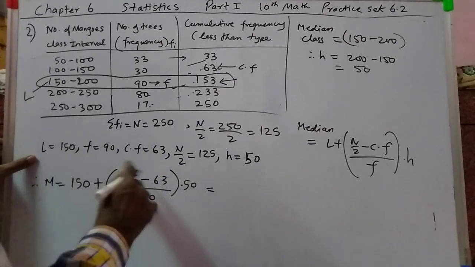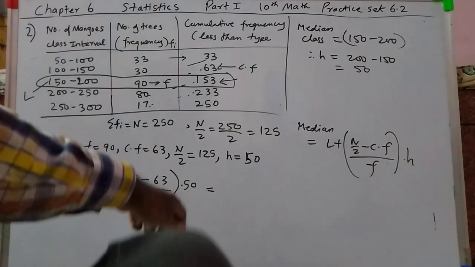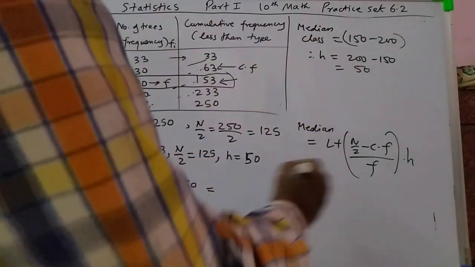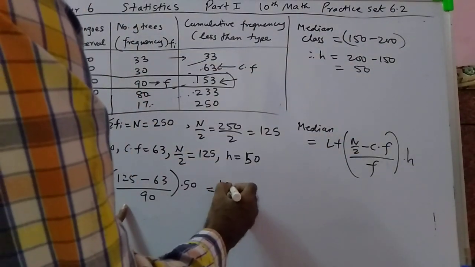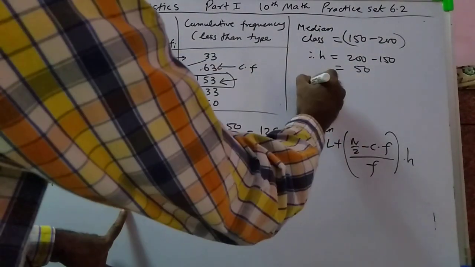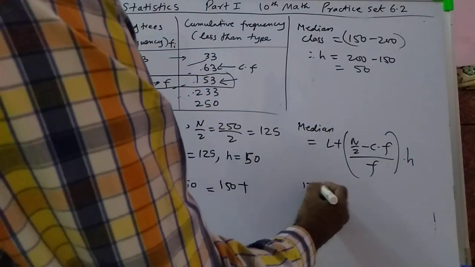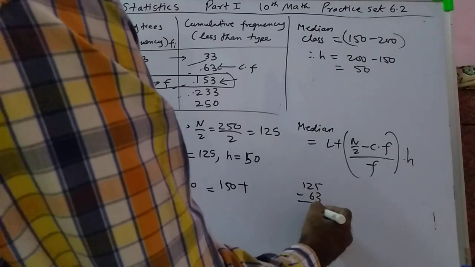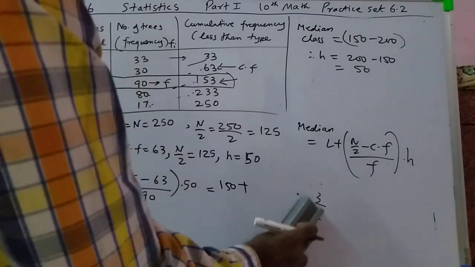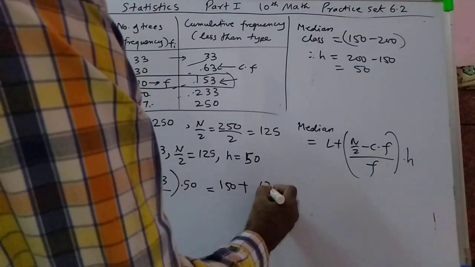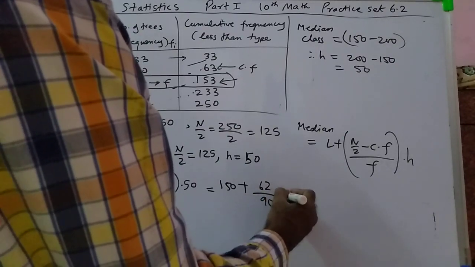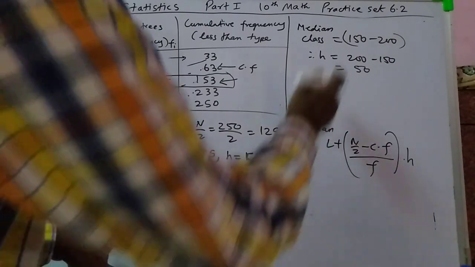That you have to calculate. 125 minus 63 will become 62. That you put here, 62 upon 90 into 50. That we calculate in rough work.